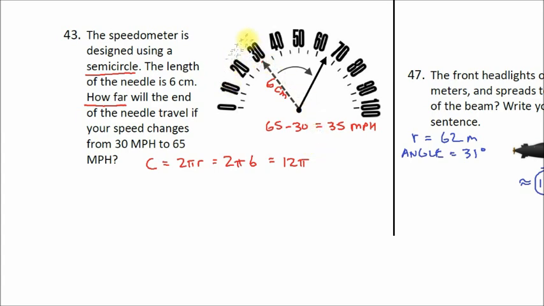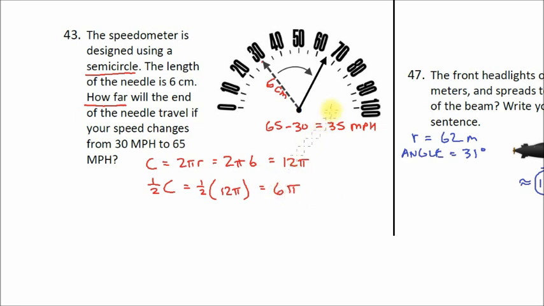Okay, now if we're dealing with a semicircle, we only can go around halfway. So really, we only want to look at half of the circumference here. Let's get half of the circumference, and that's 1/2 times 12 pi. Well, 1/2 times 12 is equal to 6. Half of 12 is 6. So half of the circumference is 6 pi.